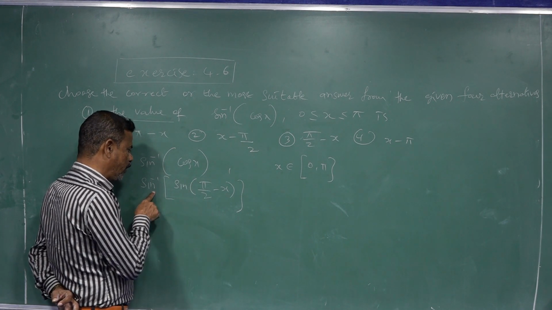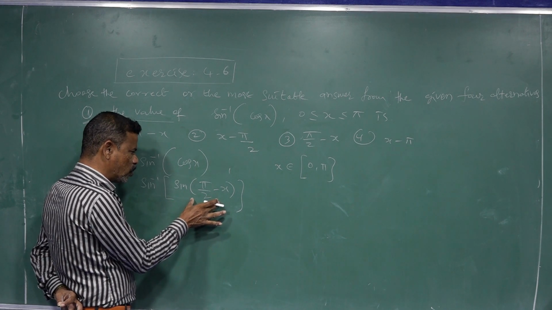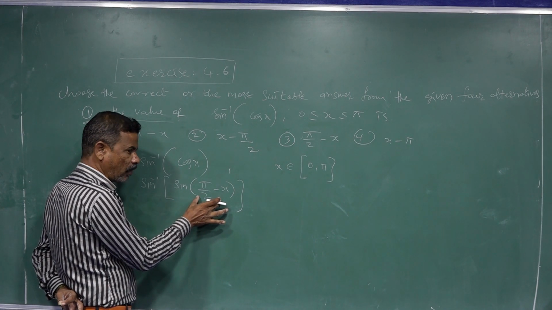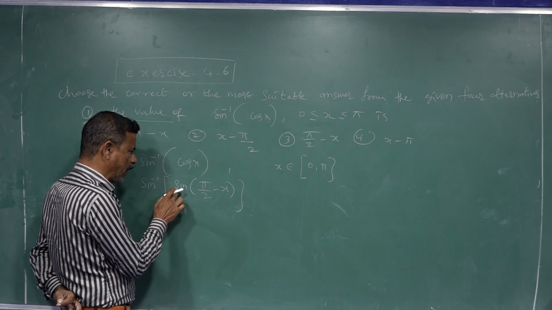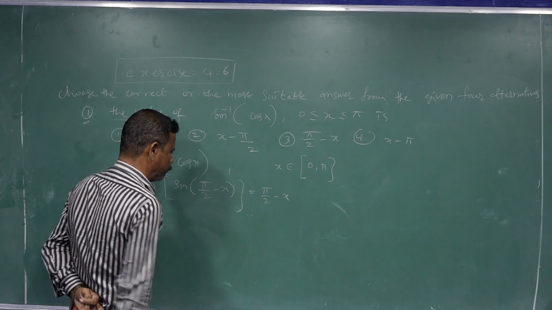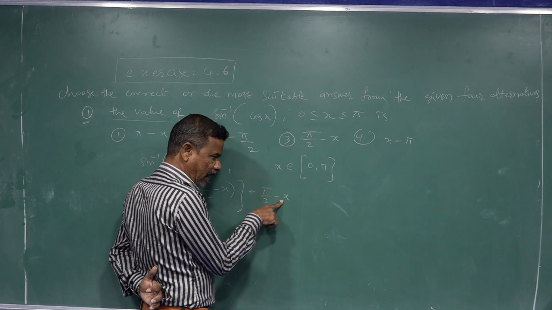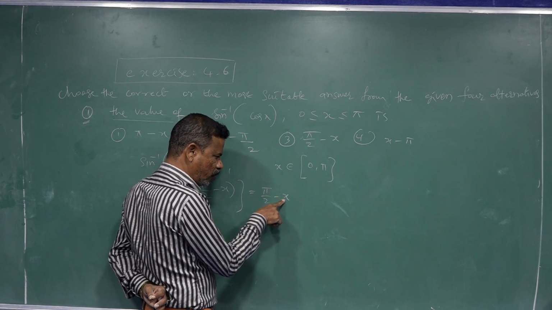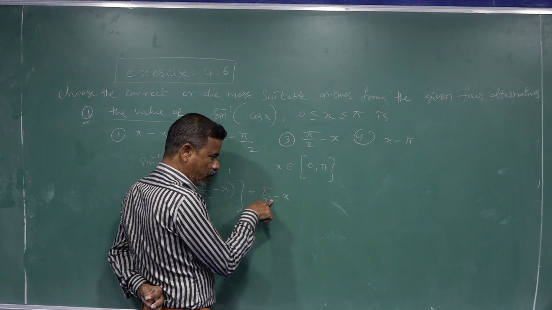Now sin inverse of sin here. This value can exist from minus 1 to plus 1. Then this sin inverse of sin is cancelled. 5 by 2 minus x. Actually 5 by 2 minus x, any value. Suppose x is equal to 0, 5 by 2; x is equal to 5 by 2, 0 coming.